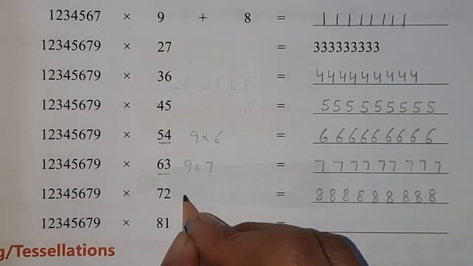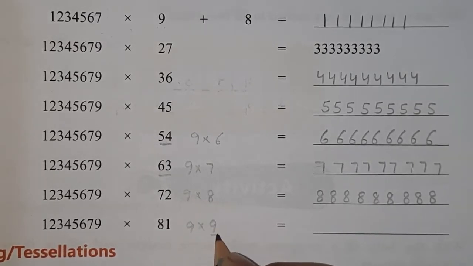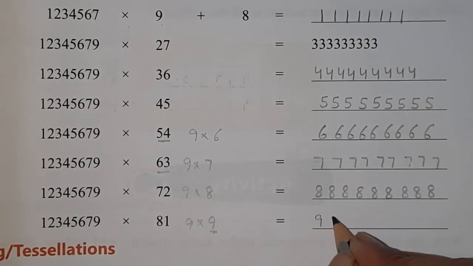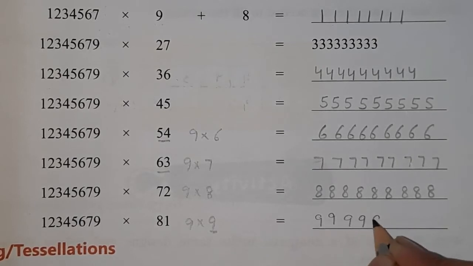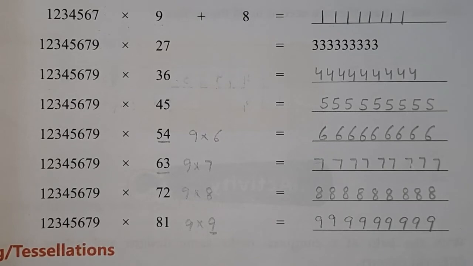This is a pattern you have observed. 9 eights are 72. Next is 9 nines are. So 9 will be repeated. 9, how many times? 9 times. Understood?